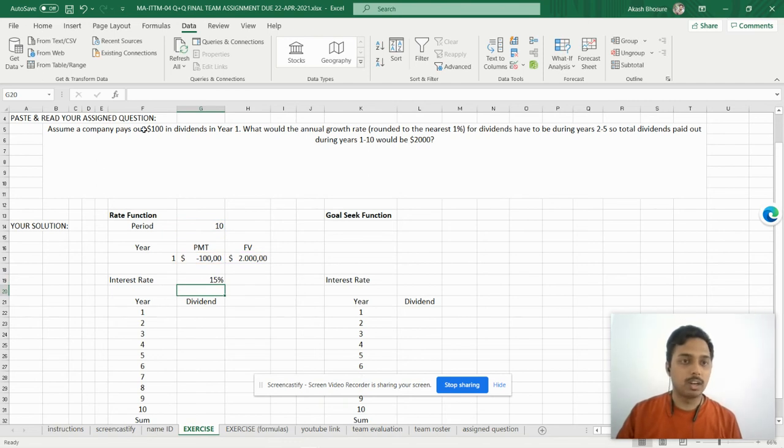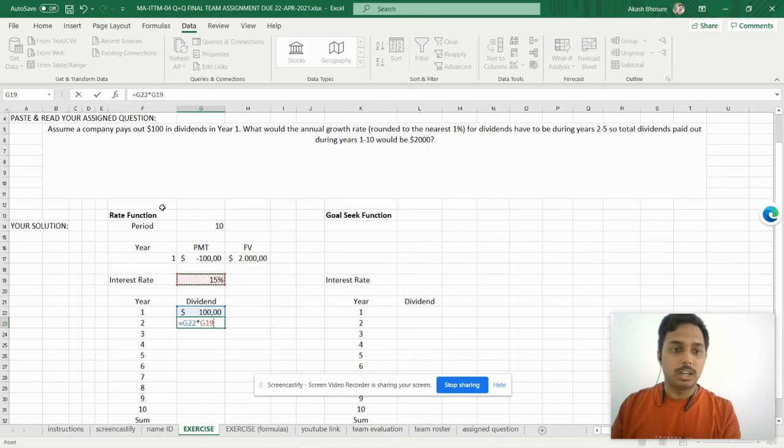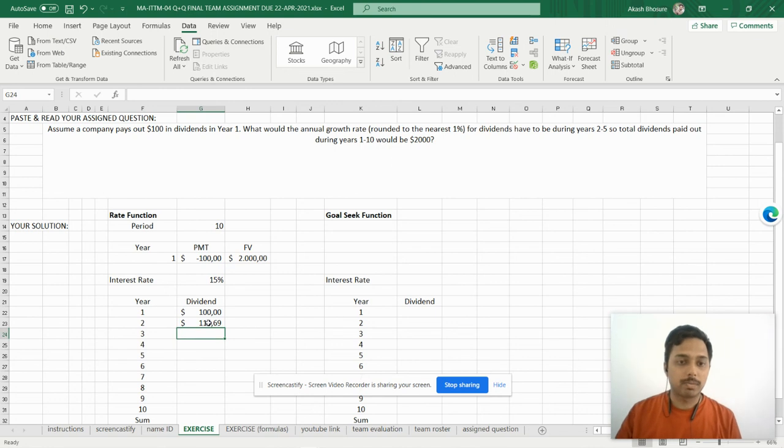The first year's dividend is given as $100. Let's put $100. We can calculate the dividend for the second year using the formula: dividend of the first year times the interest rate, fixing this with the F4 function, plus the dividend. Second-year dividend we got, so we will keep it constant over the 10 years.